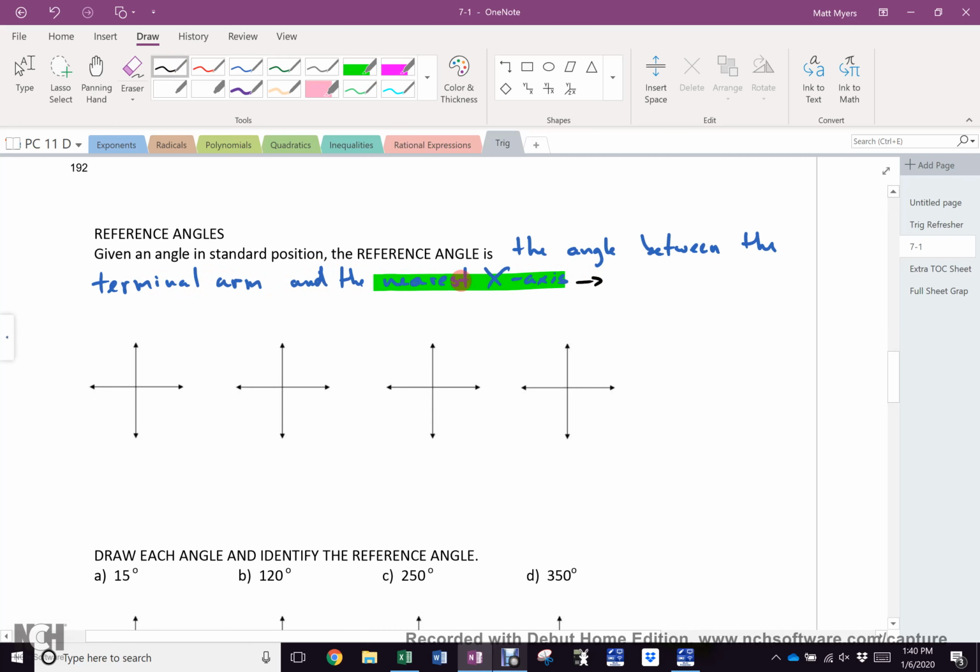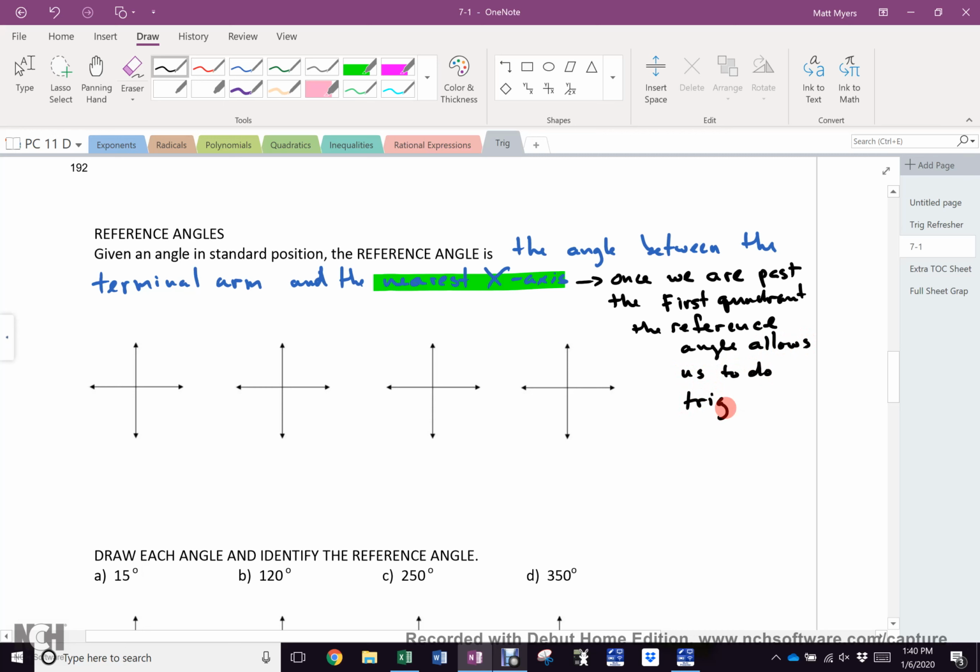Now, the reason the reference angle is important, I've already talked about it, but I haven't actually shown you it. The reference angle is important because once we are past the first quadrant, the reference angle allows us to do trig.